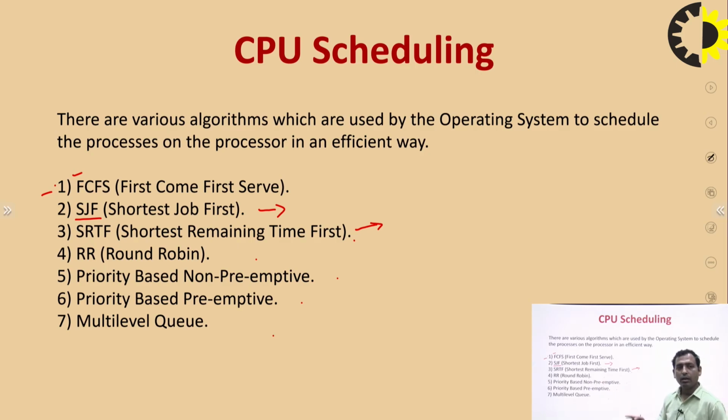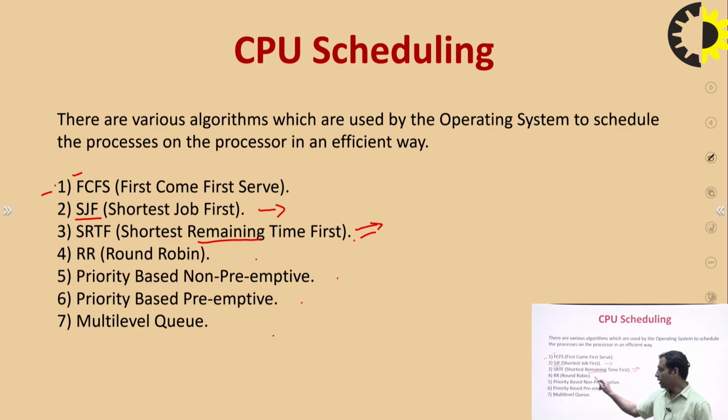When a process comes into the RAM, we will compare the total running time of the newly arrived process with the remaining time of the current running process, and whichever is less, we will run that one. This means we can stop the running process having longer time in favor of the newly arrived process with shorter time. So, this is the approach for SRTF.